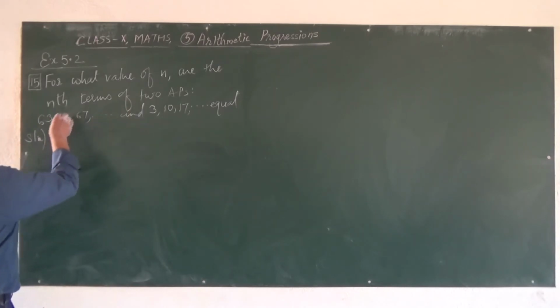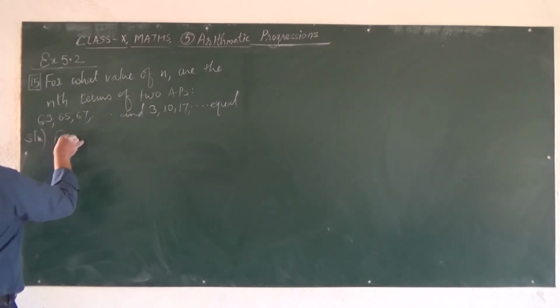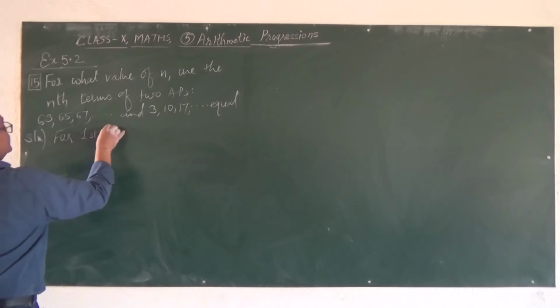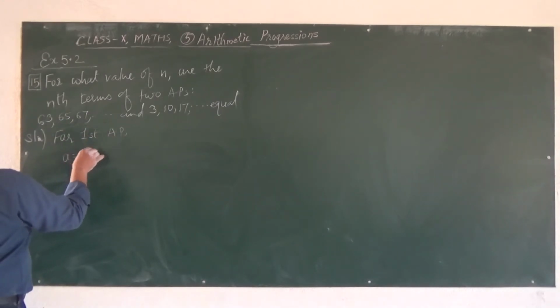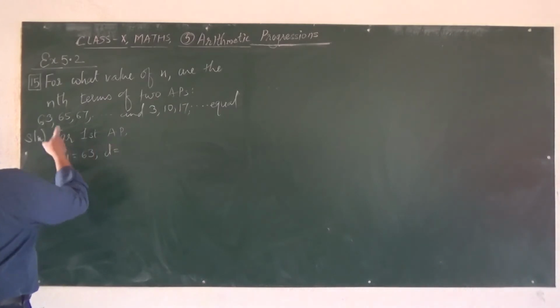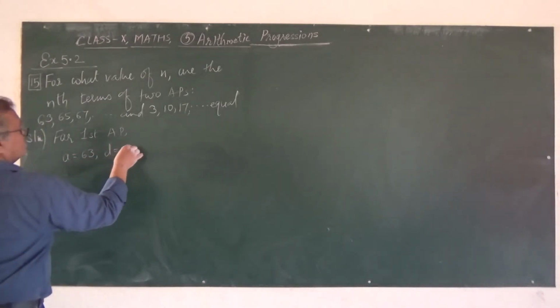Let us see how to proceed. For the first AP, a is 63 and the common difference d will be 65 minus 63, that is 2.